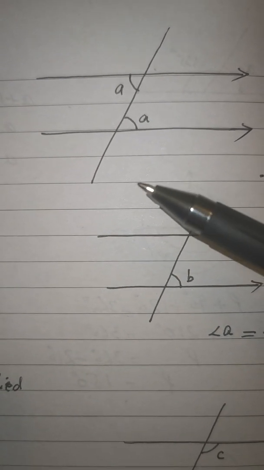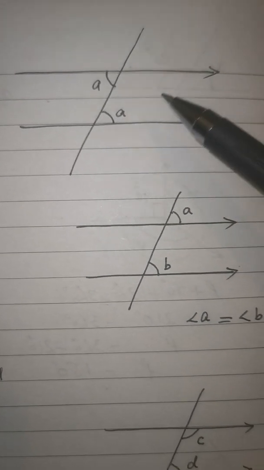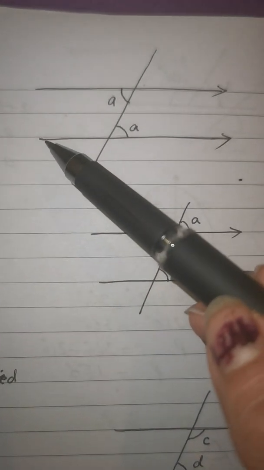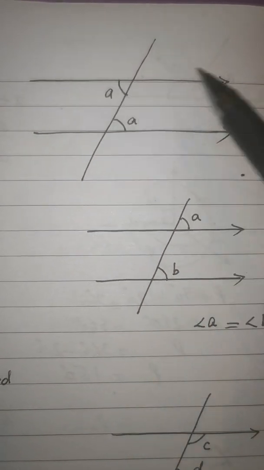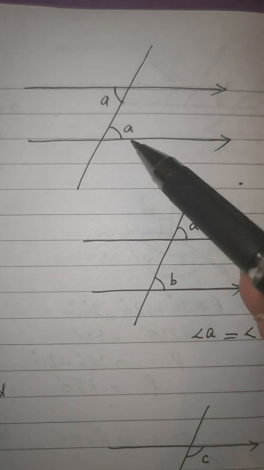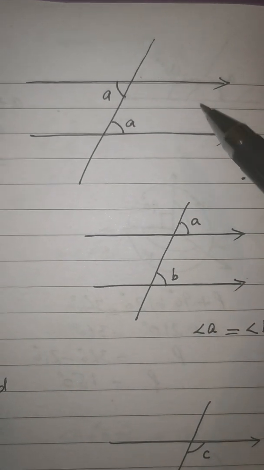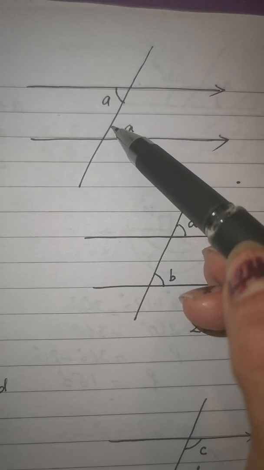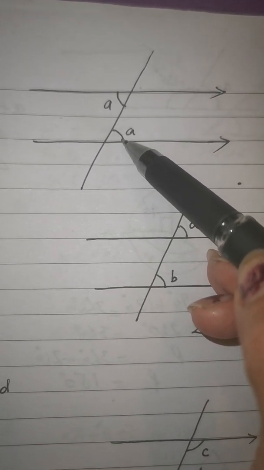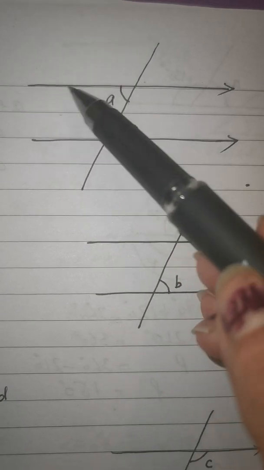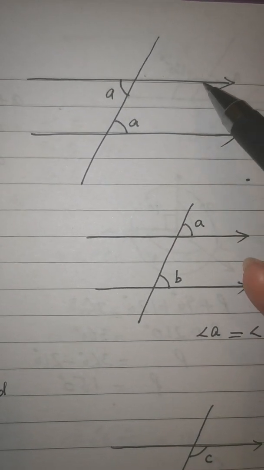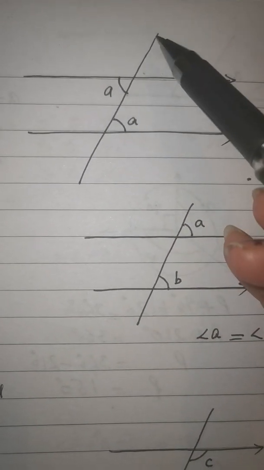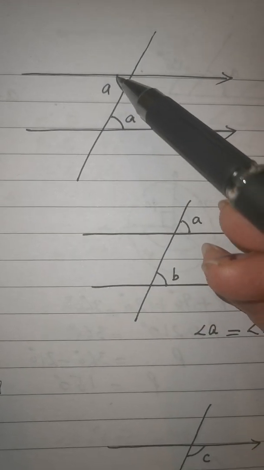Then what are the alternate angles? Now you can check that this line and this line are both parallel, and one parallel line is making an angle with the transversal in this direction, and the other parallel line makes an angle with this transversal on the other side.